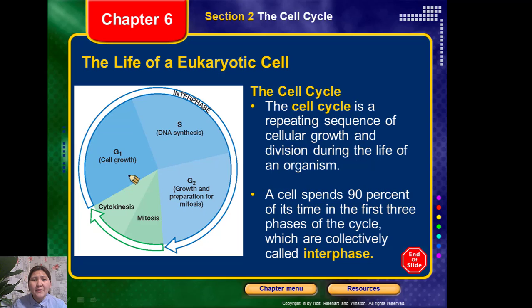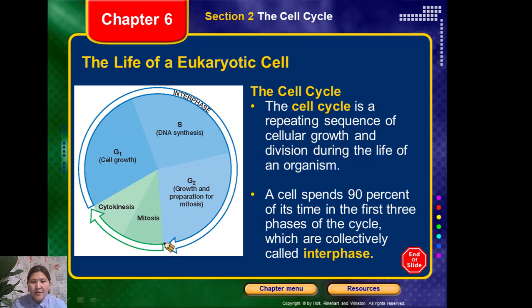So during this interphase, our cell starts to prepare itself for cellular division. And the cell membrane starts to divide and new daughter cells appear during mitosis and cytokinesis.